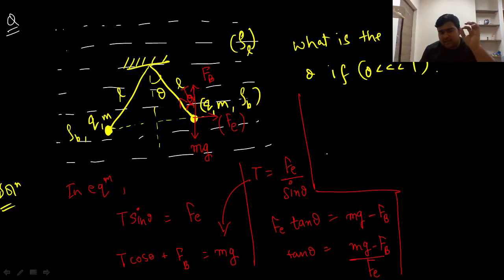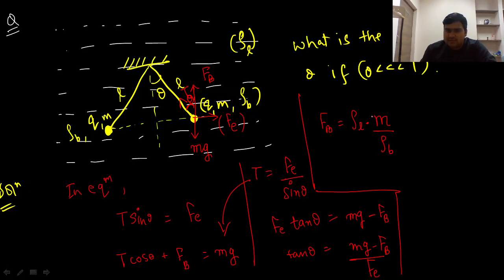Now I'm going to write the values of this FB. Force of buoyancy is the density of liquid multiplied by the volume of the submerged body. The volume of the submerged body will be the mass of the body divided by the density of the body. So mass is m, and m by V is the density, so volume would be m by d.